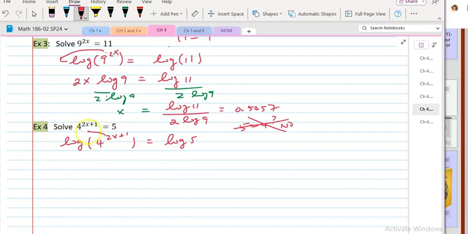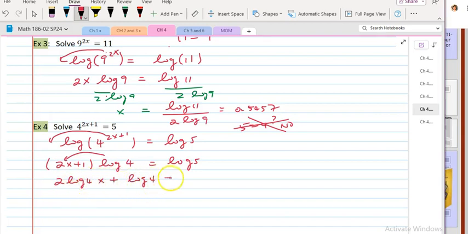The 2x plus 1, the whole thing can move out. 2x plus 1, the whole thing, and then log 4 equal to log 5. Now you can distribute, so it'll be log 4 times 2, so 2 log 4 x plus log 4 equal to log 5. Don't put in the calculator yet, do it at the end.